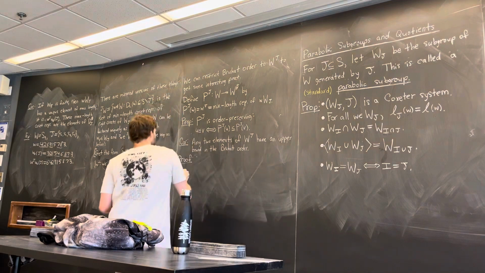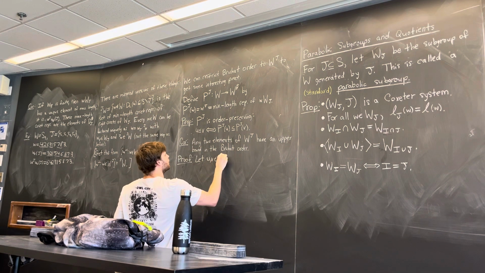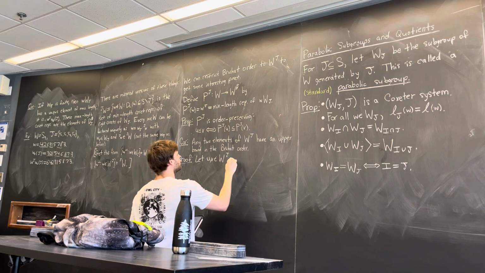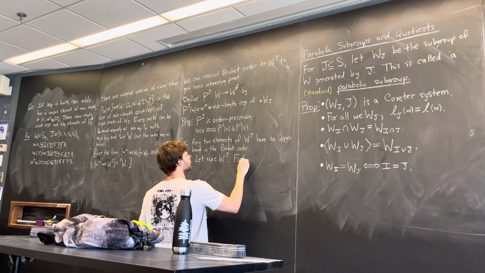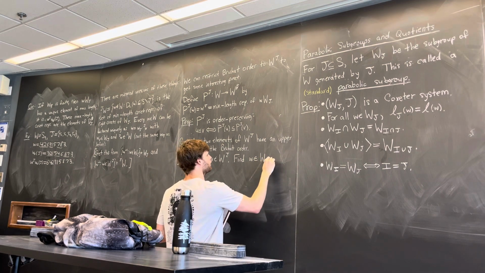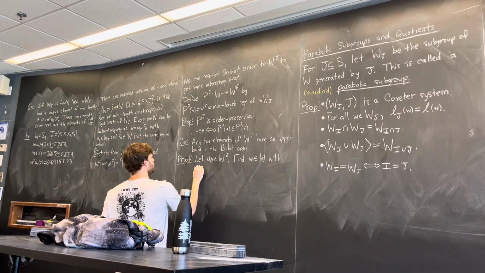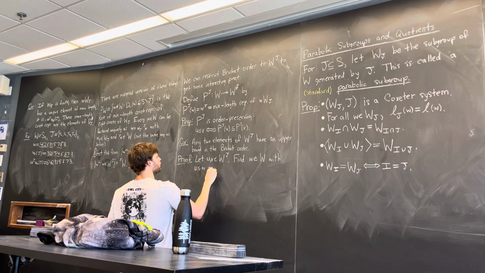So let U and V be in the parabolic quotient. So we can find some W in the whole Coxeter group with U less than or equal to W and V less than or equal to W.